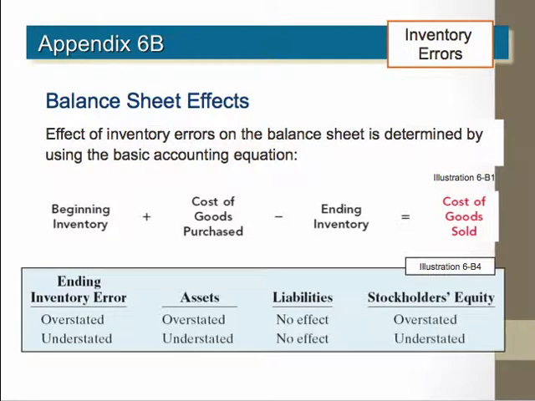There's also a balance sheet effect because if our ending inventory is over or understated, it will also affect our assets, liabilities, and our stockholders' equity. So take a look at what could happen if we make a mistake.